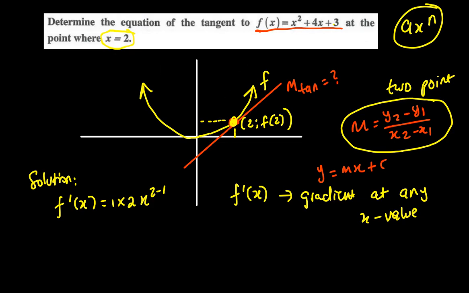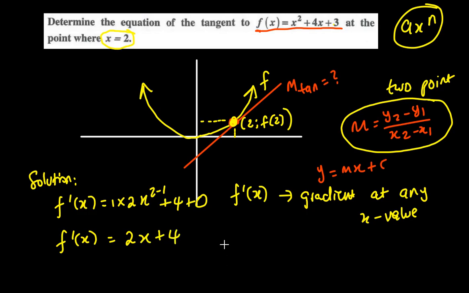What about this one? Remember, if we have the exponent as 1 on x, the gradient is just the number in front. So I'm just gonna say, which is the coefficient, plus 4. Then what is the gradient of a constant? It's 0.